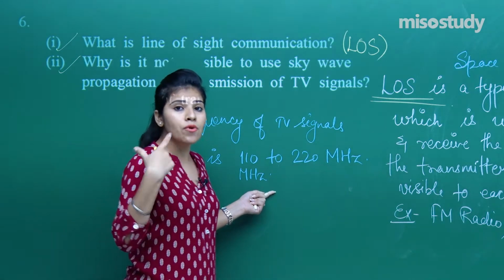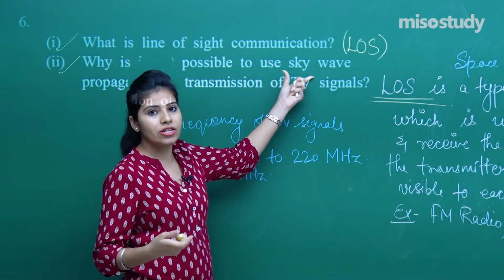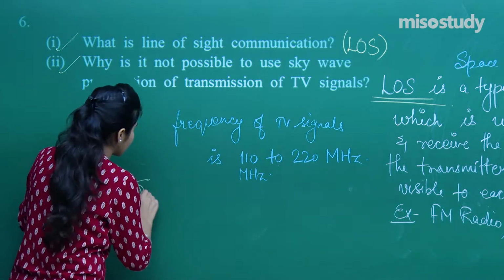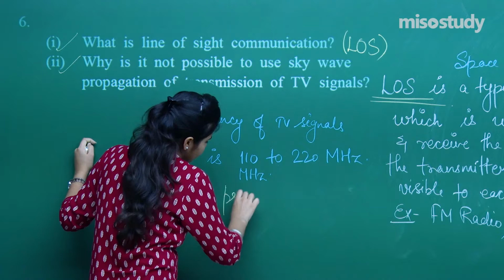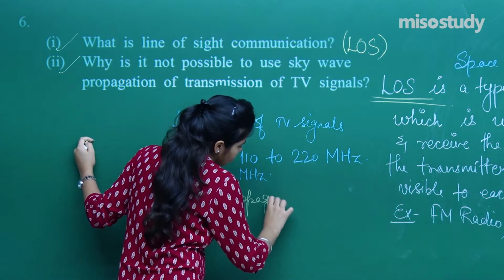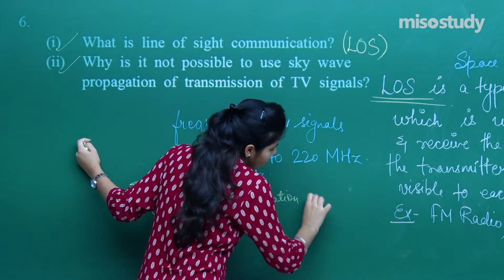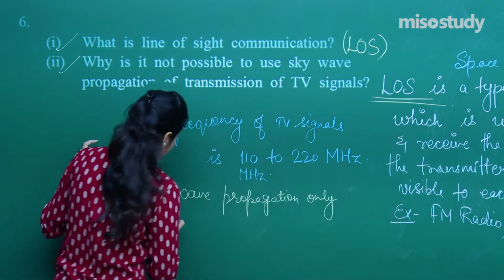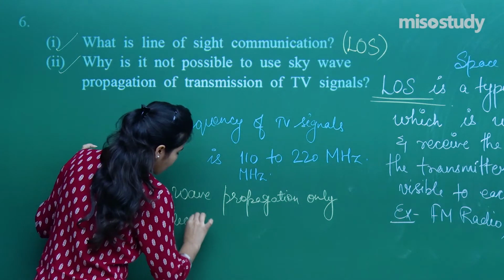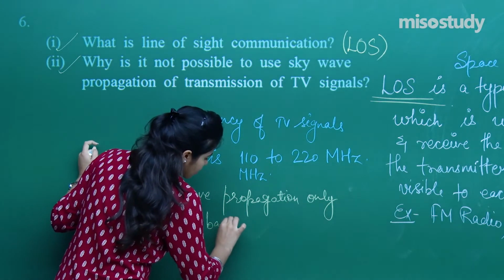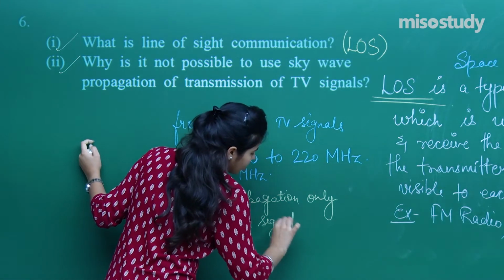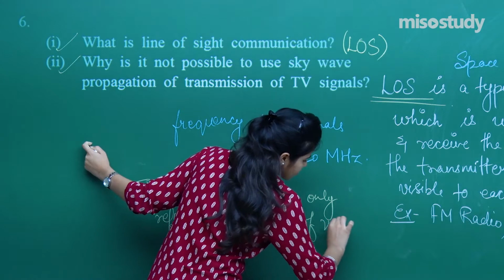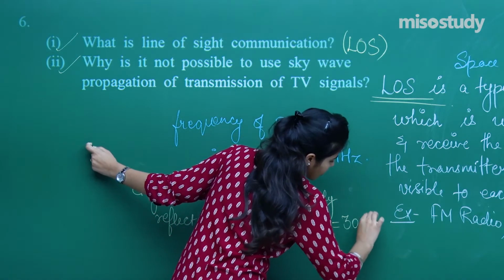But if we want to apply the sky wave propagation, the sky wave propagation can only reflect back the signal of frequency up to 30 megahertz.